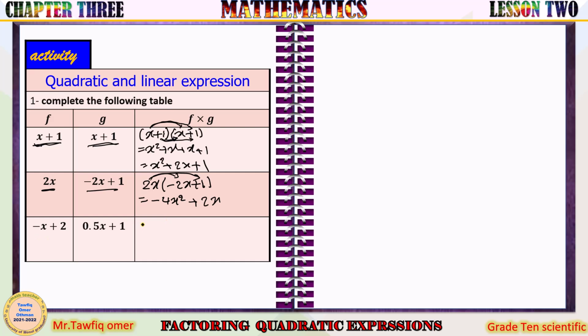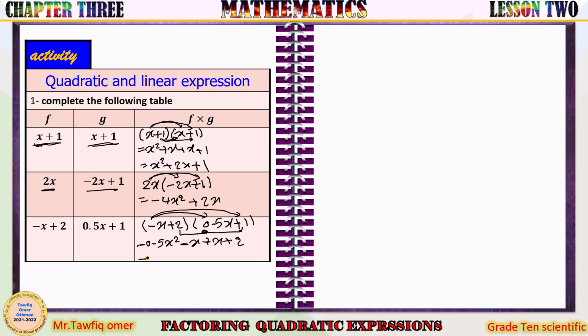Here again we have minus x plus 2 multiplied by 0.5x plus 1. The first one multiplied by the first one is minus 0.5. x times x is x squared, and the first one with the second one is minus x, and the second one by the first one is 2 times half is 1, so it is plus 1x, and 2 times 1 is 2.